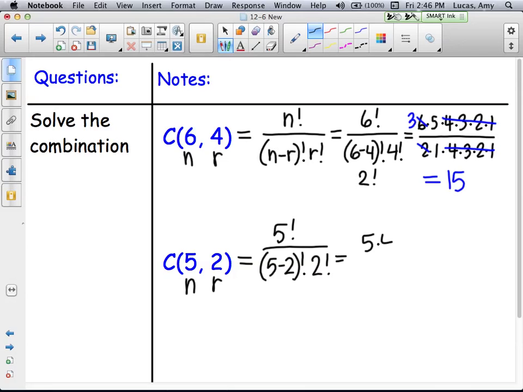So 5, 4, 3, 2, 1. 5 minus 2 factorial is 3 factorial, so 3, 2, 1, and then 2, 1. Cancel out 3, 2, 1 and 3, 2, 1. And 4 divided by 2 is 2. So 5 times 2 is 10. Much smaller numbers for combinations.